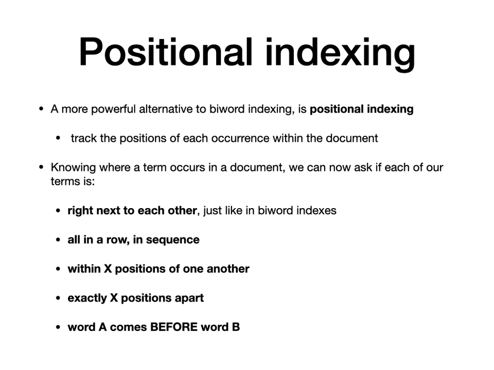One's in position 7, one's in position 8. Just like in a byword index, which is great. But this also lets us look at whether or not a whole bunch of words are in sequence. Are they in positions 7, 8, 9, 10, and 11? We can say yes or no, right?